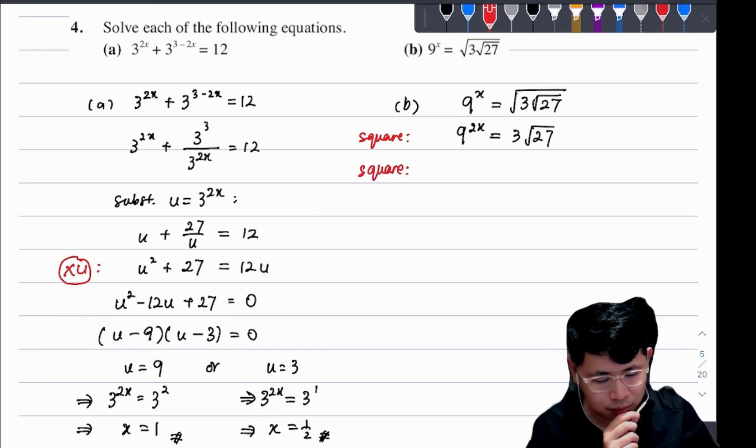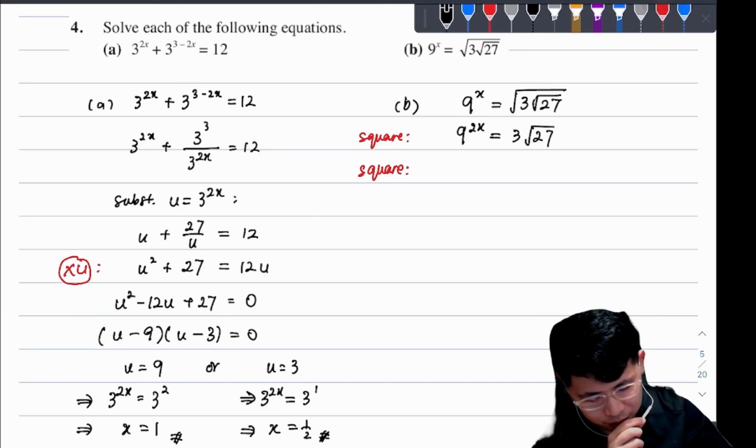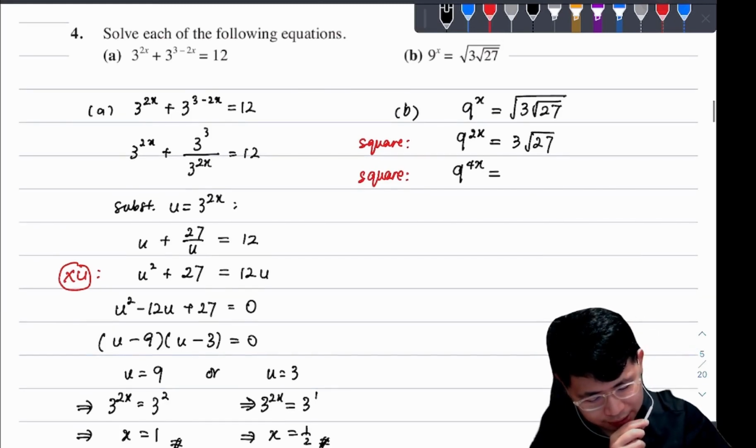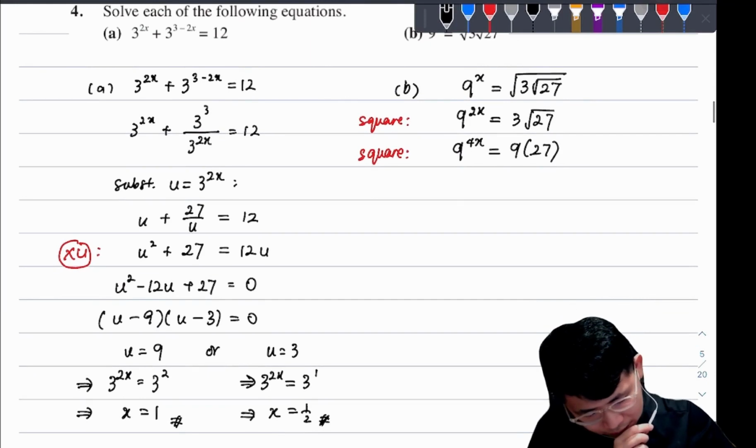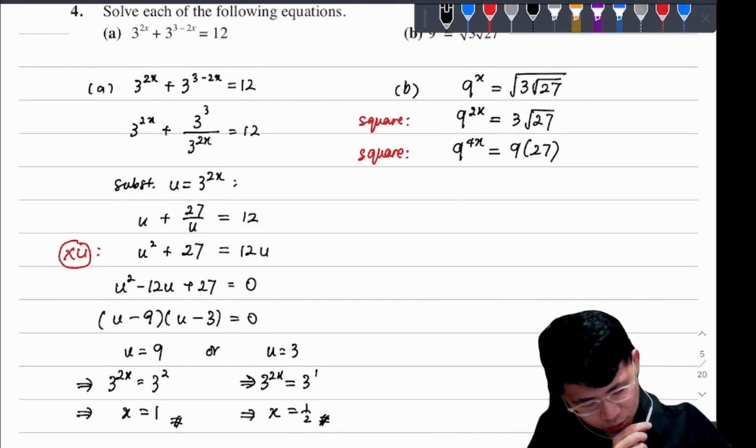Now let's do one more round, because there's one more square root, so let's square one more round. When we square one more round, it will be 9 to the power of 4x is equals to 3 square is 9, root 27 square is 27. Okay, so let's do this in base 3. In base 3, I can write 9 as 3 square, then power 4x.